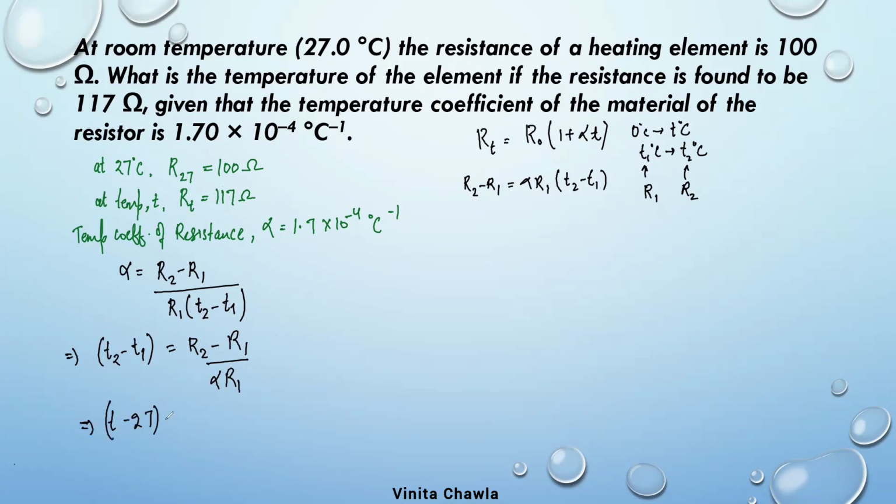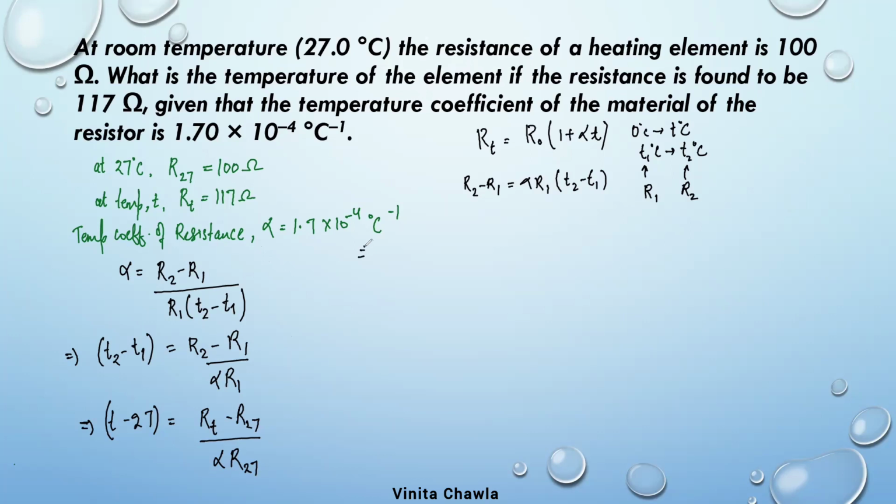T minus 27 degrees Celsius is equal to R2, the resistance at temperature T, minus R1, the resistance at temperature 27 degrees Celsius, divided by alpha R1. Initial is R1; we denote 1 for initial and 2 for final. Now just put the values here.